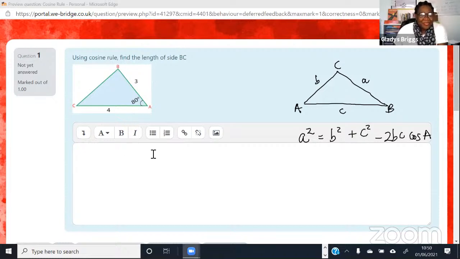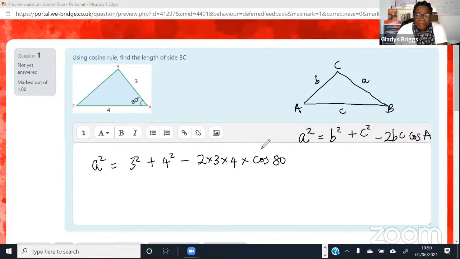So here, what we have to say is a squared is equal to 3 squared plus 4 squared minus 2 times 3 times 4 times cosine 80.